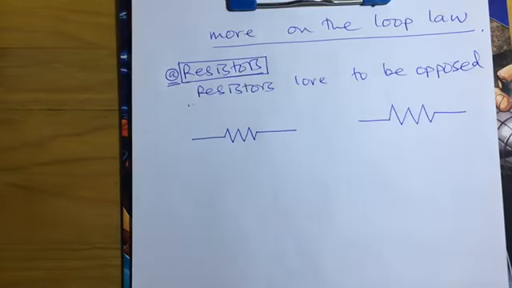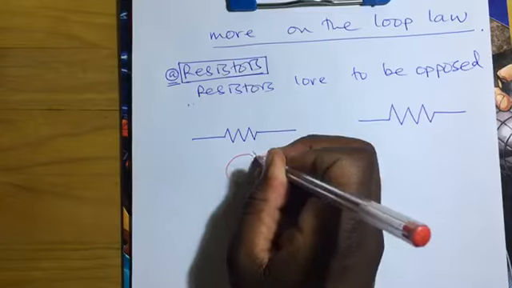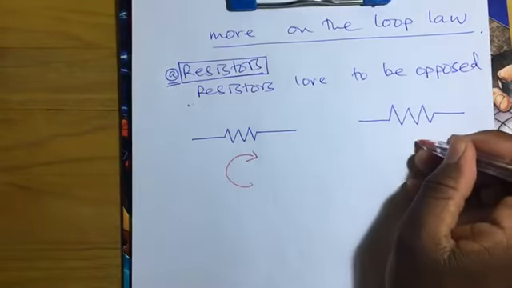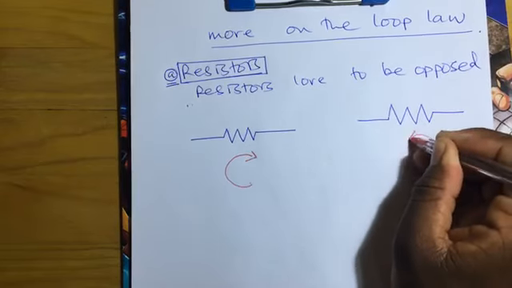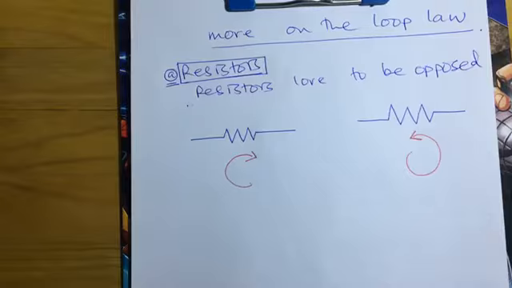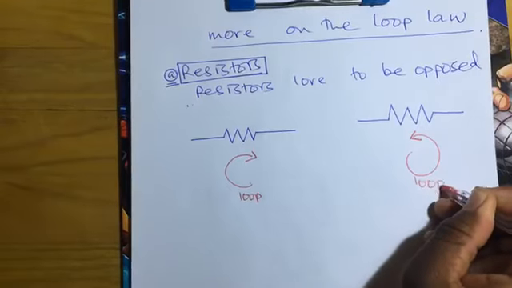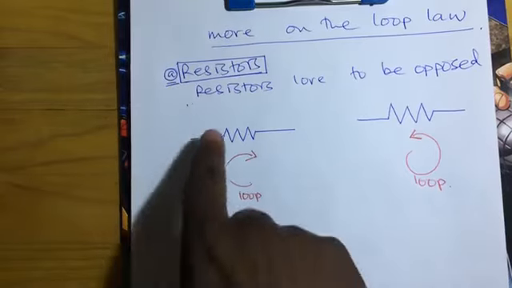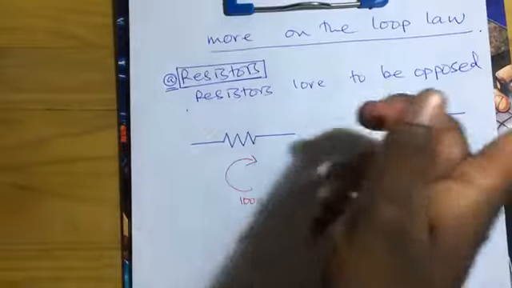A loop can either go in the clockwise direction, or be made to go in an anti-clockwise direction. It depends on what you want. So this is our loop. Then across a resistor, we are going to have current flowing through.